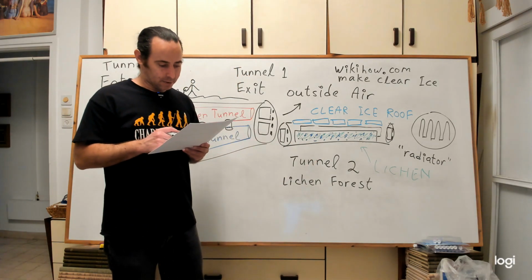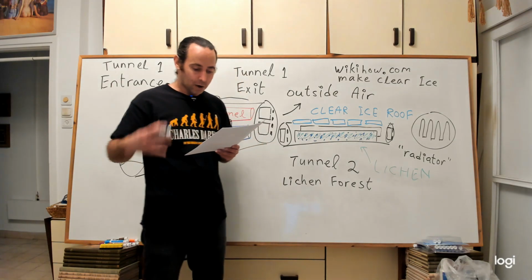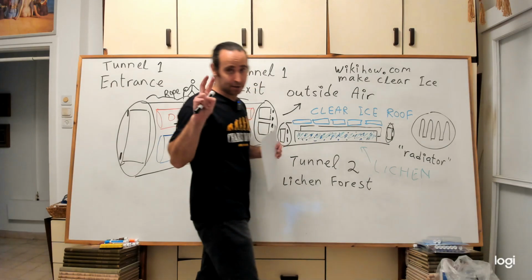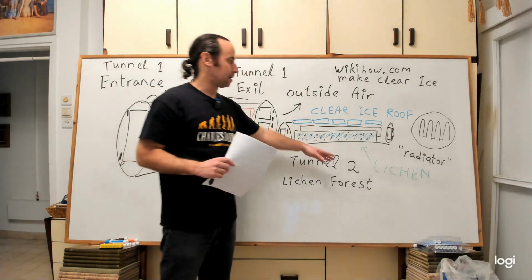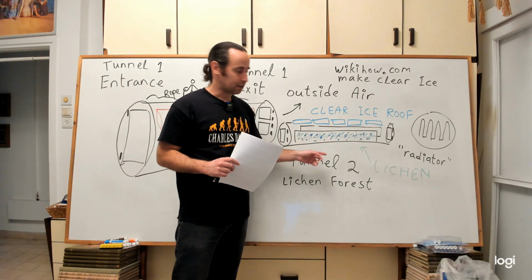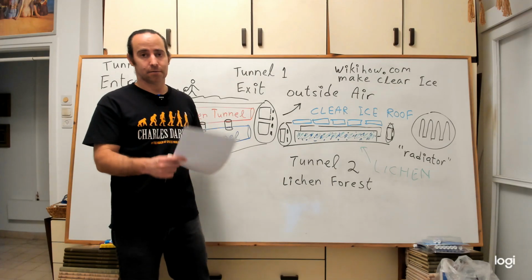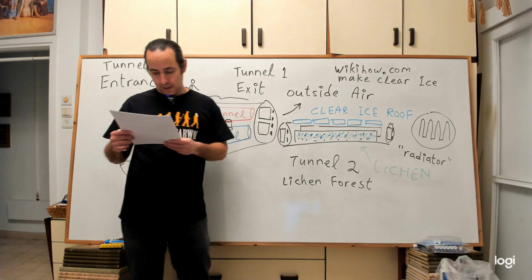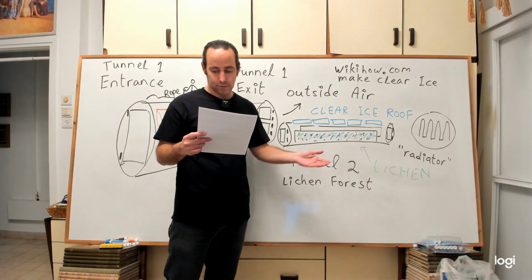Okay, so now we close the lichen tunnel, and the lichen works on the CO2. After we got fresh CO2, we close this tunnel and let the lichen work on this CO2, convert it into O2, into oxygen, for a few days.